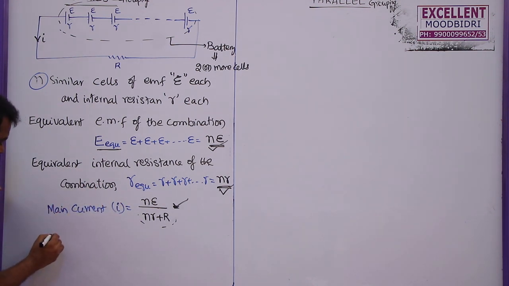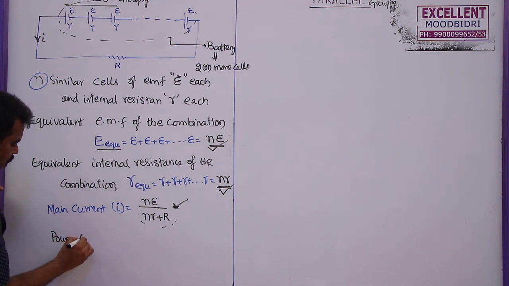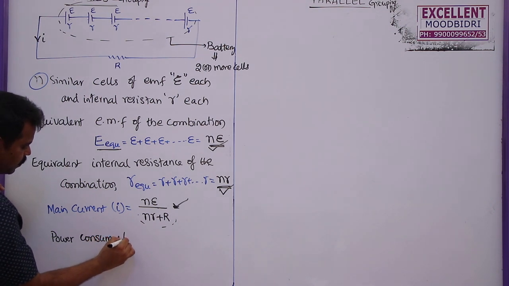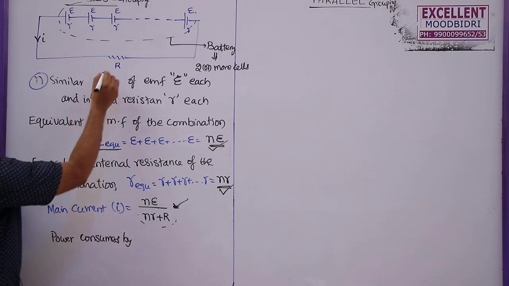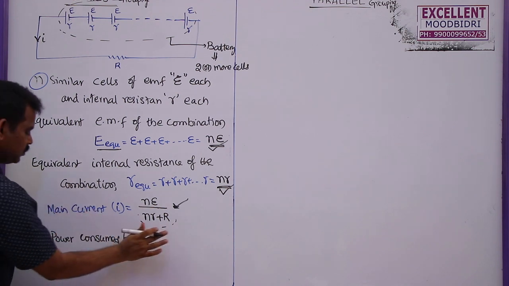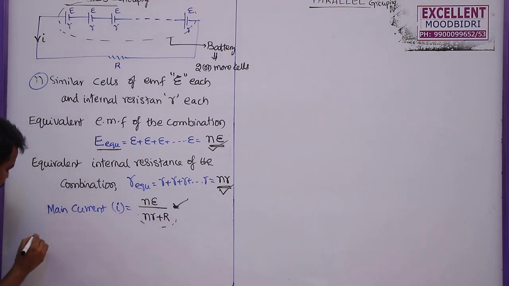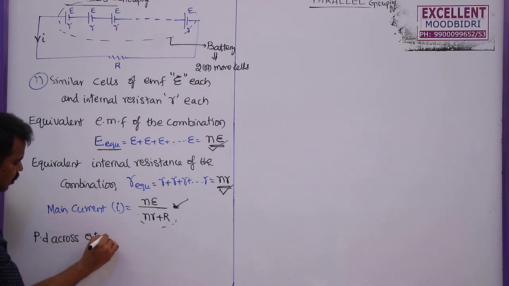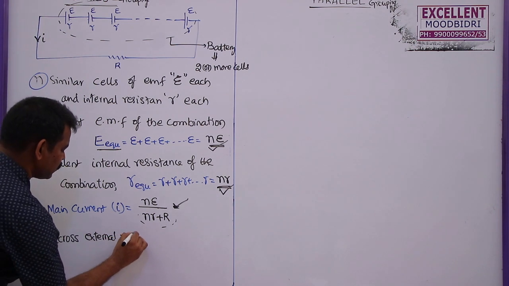Now if you know this value, we can find the power consumed by the external resistance. Before that, let me find the PD, potential difference across the external resistance.